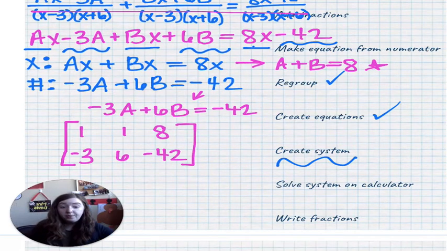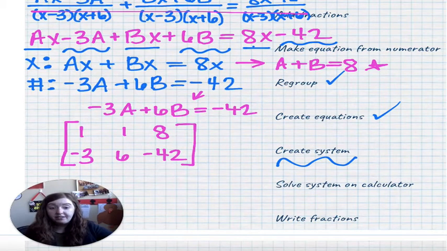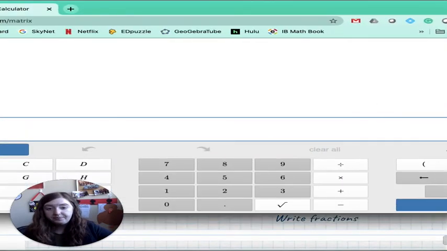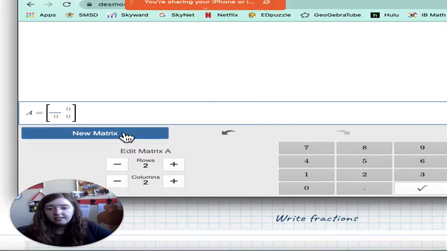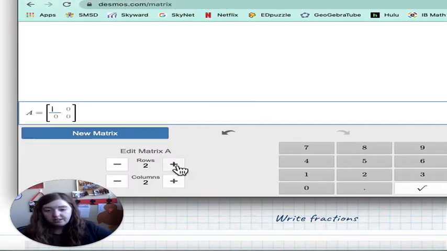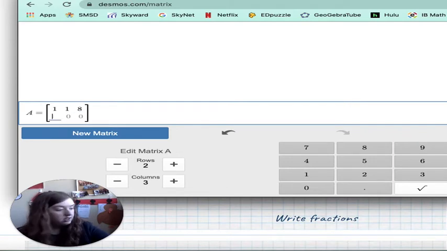So now that we have a matrix, we're going to go ahead and use our graphing calculator to solve the system. So I'm going to click New Matrix. This is 2 rows and 3 columns. 1, 1, 8, negative 3, 6, negative 42.